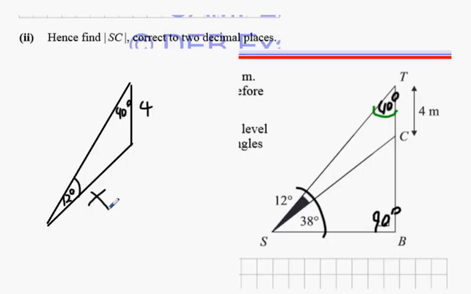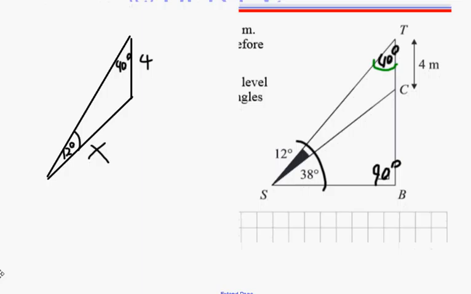Let's figure out what we can't use. Can't use SOHCAHTOA. Can't use Pythagoras' theorem. It's an angle or a length question. So cosine rule or sine rule. Is it a sandwich? So sine rule. So X over sine 40 equals 4 over sine 12.